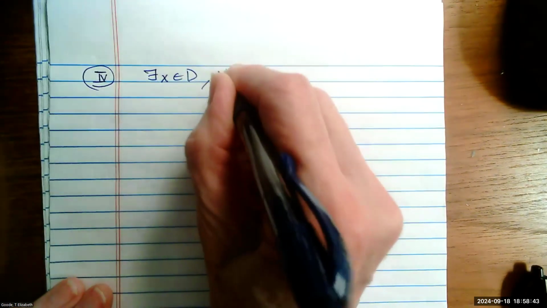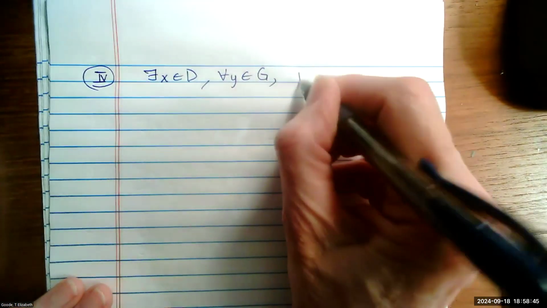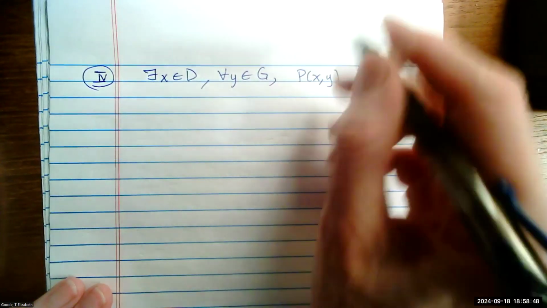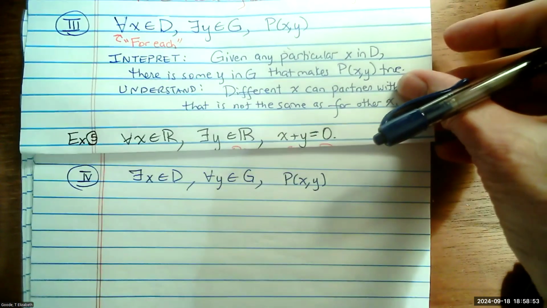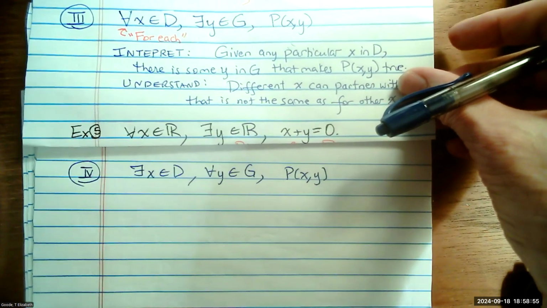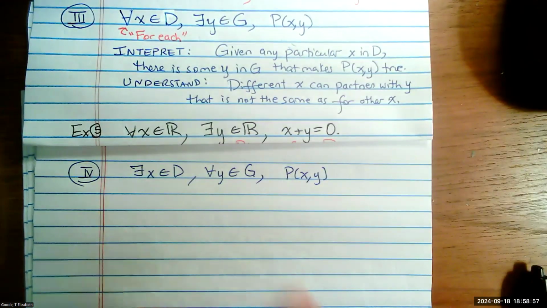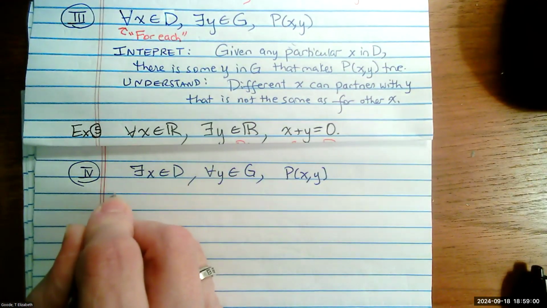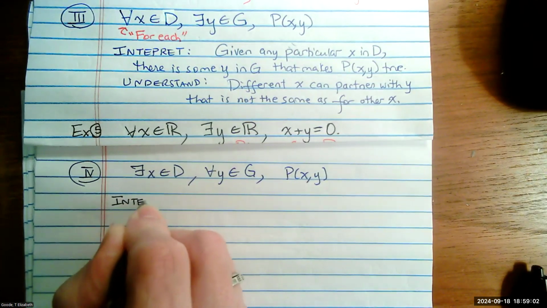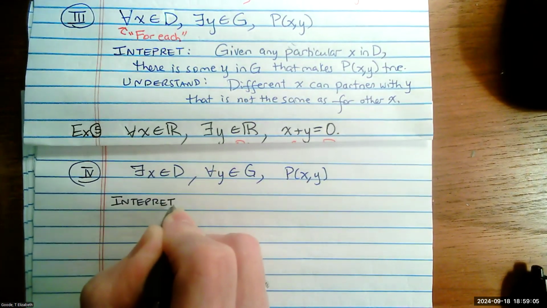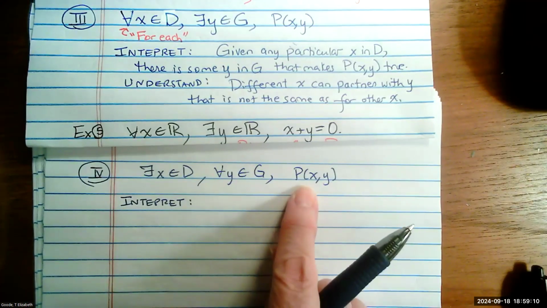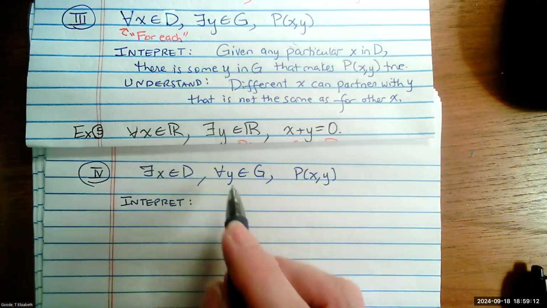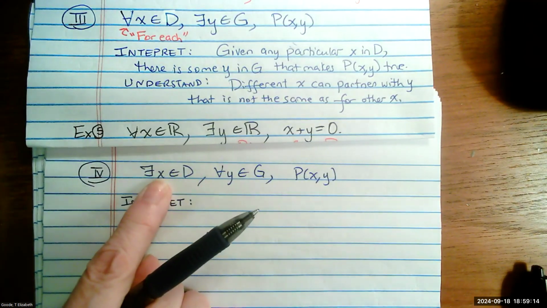There exists an x in D such that for all y in G, P of xy is true. Okay. And I'm going to keep the interpretation up for number 3 so that you can compare. Okay. All right. So how do we interpret this? There exists an x in D such that for all y in G, property P of xy holds. So there exists an x.